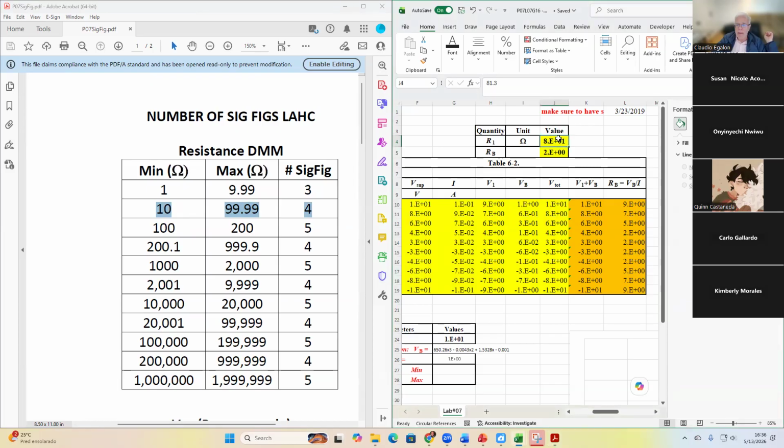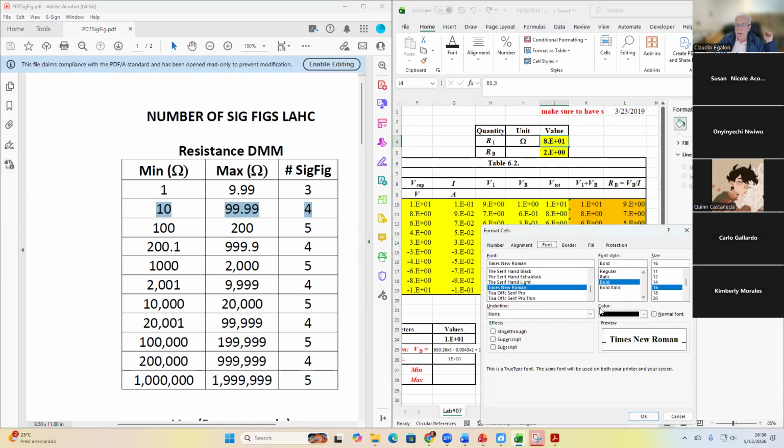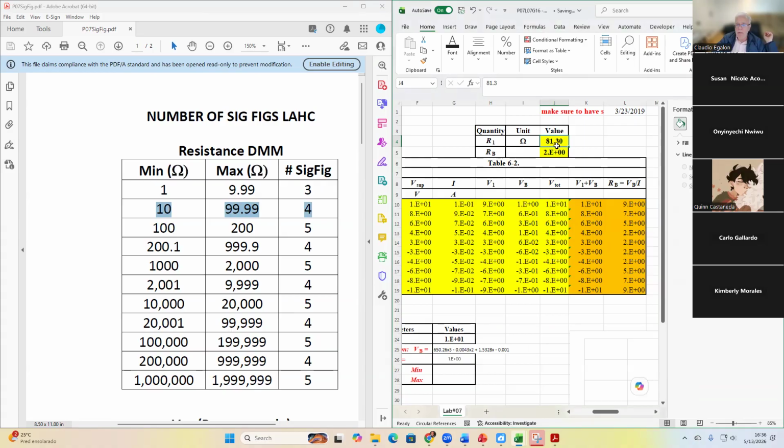Consequently, we must have a second decimal place in the numeric format cell, right? Number, 2 decimal places, and now we have 4 significant figures displayed. 1, 2, 3, 4. The 0 to the right is a significant figure.